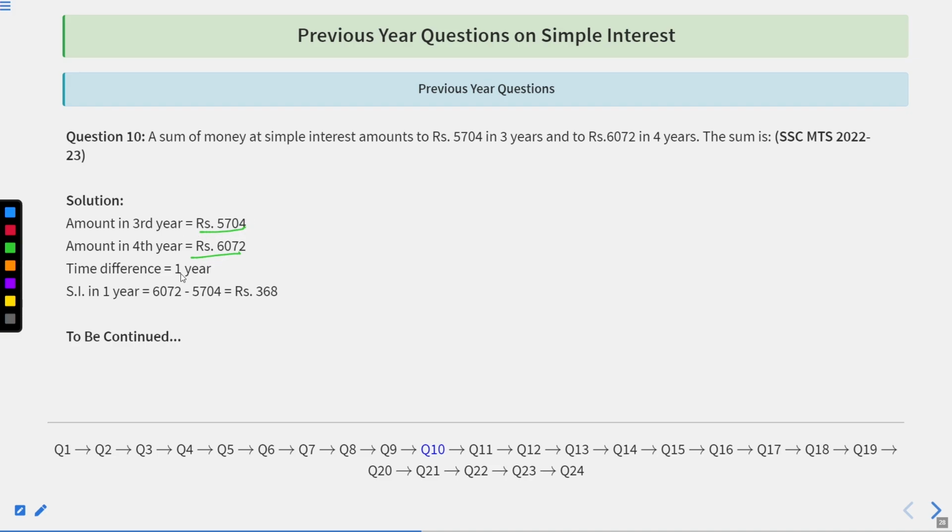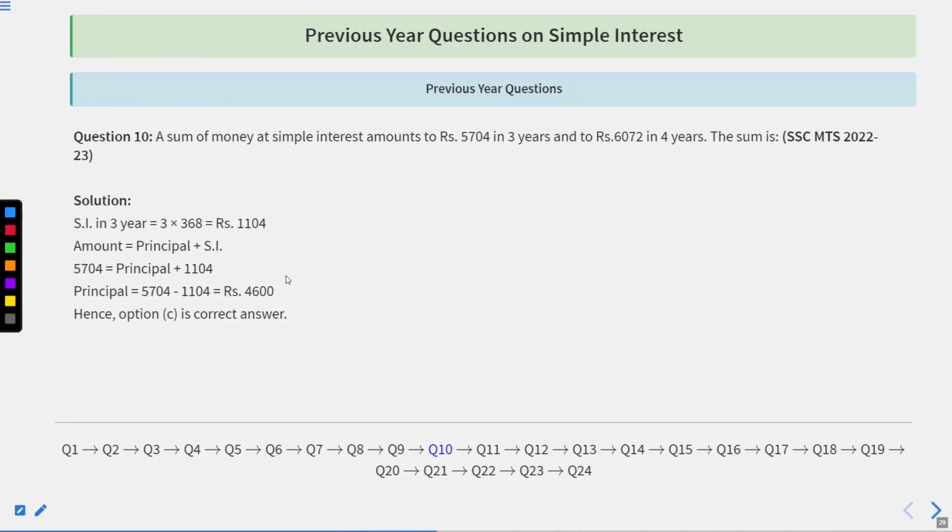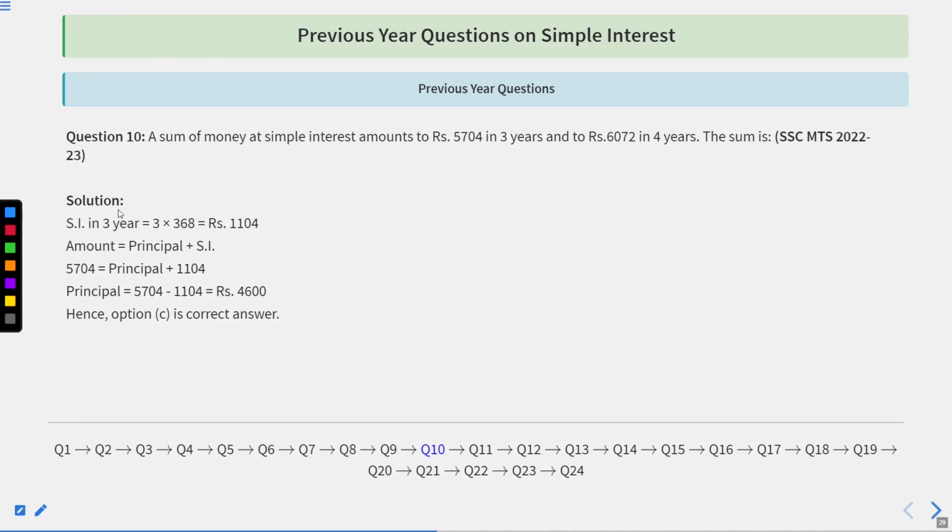The time difference is 1 year. The simple interest in 1 year will be 6,072 minus 5,704, which is equal to 368 rupees.